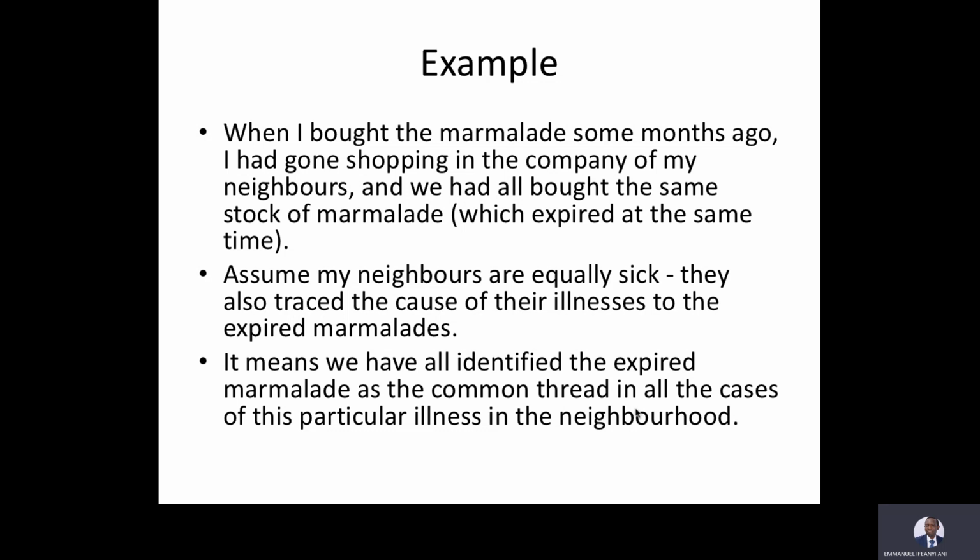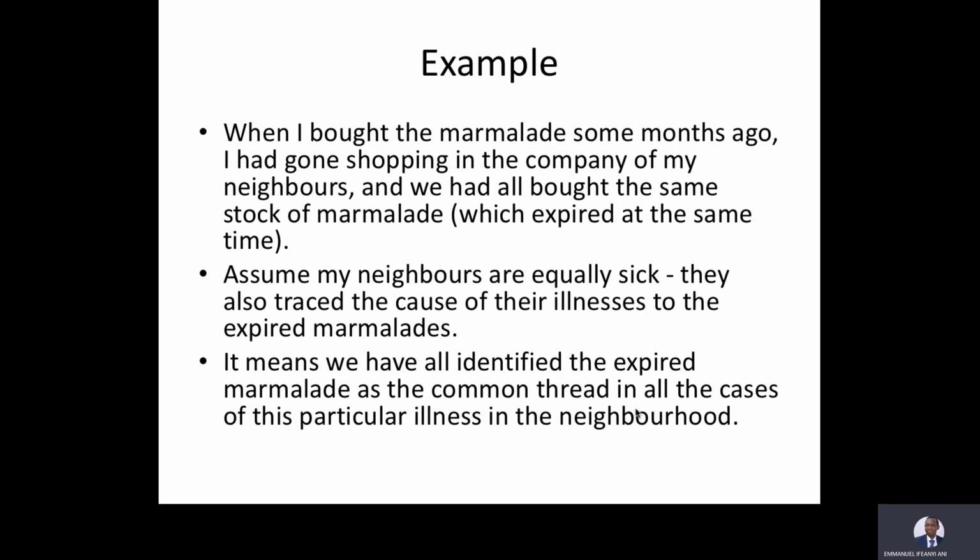the next question you ask yourself is if the same thing is responsible for all the other persons that are having the same symptoms. And if you confirm that, then it means that you have found both a relevant difference and a common thread that explains the epidemic or the pandemic.